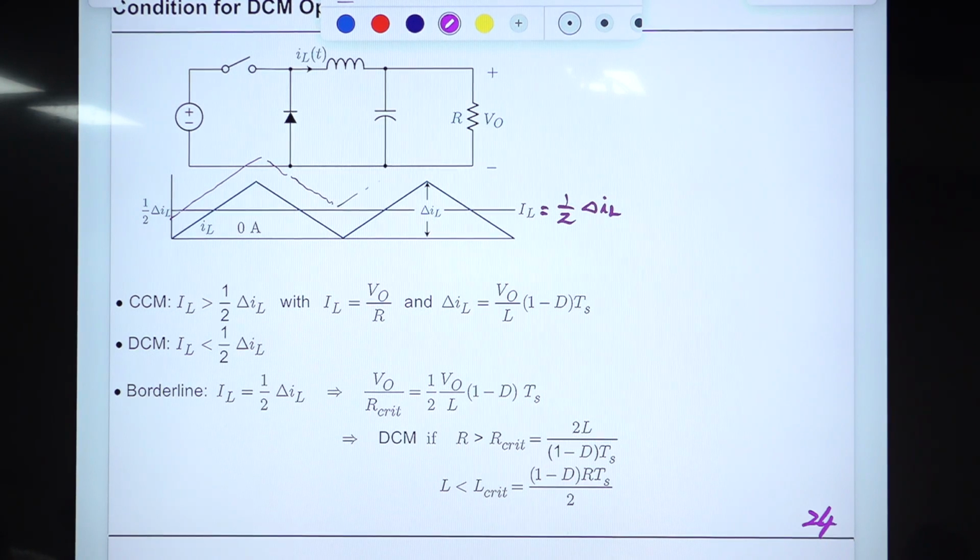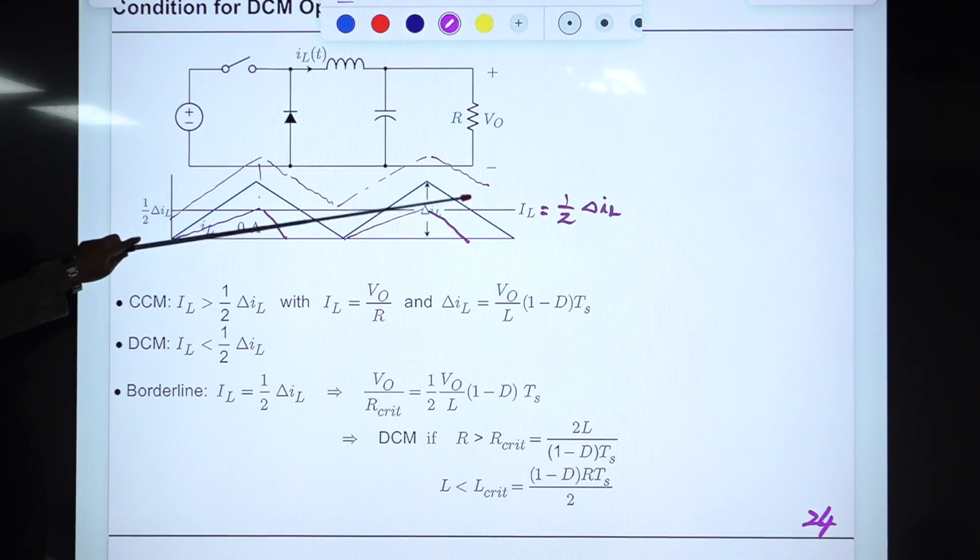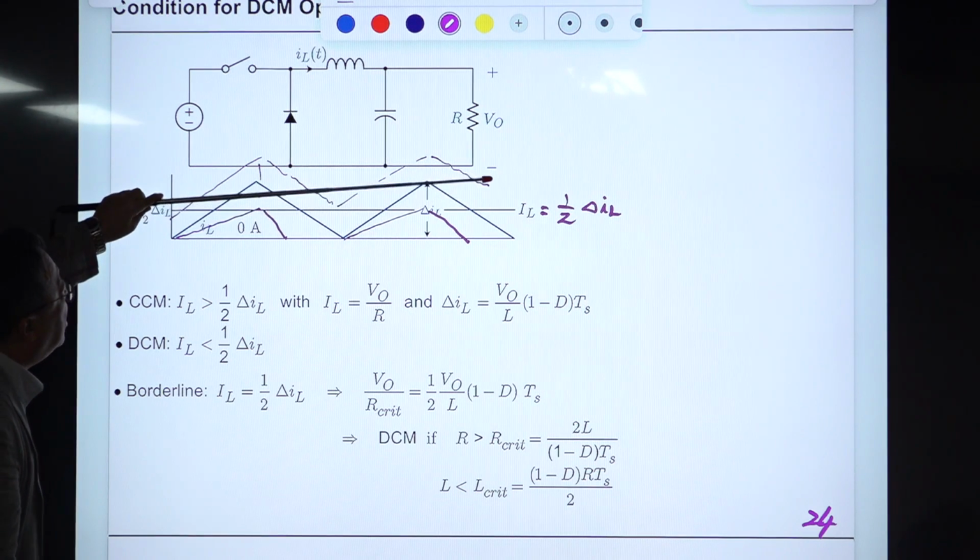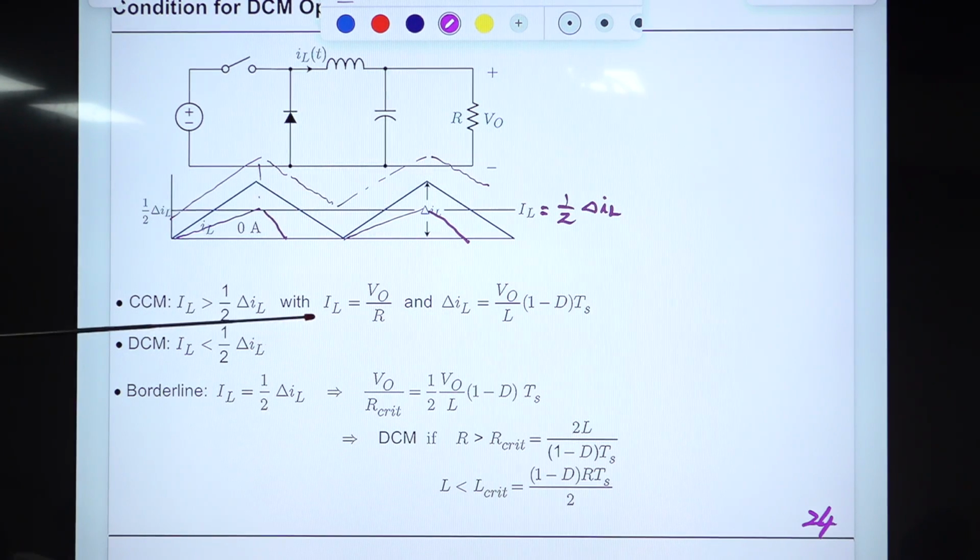That means if R is decreased, it goes into CCM. If R is increased, the average value of the current is decreased, then it goes into DCM operation. So the borderline is very obvious. When the average current is larger than this, it is CCM.